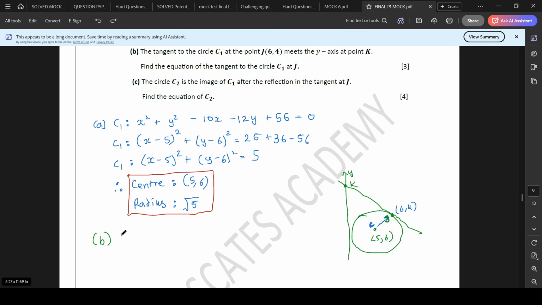So I'm going to find the gradient. Let me change the color to green. Gradient of CJ is change in y, 6 minus 4, over change in x, 5 minus 6.